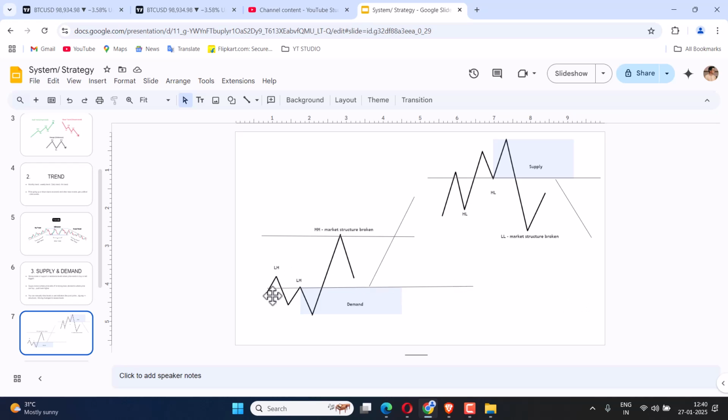See, basically the price creates lower high, lower high, and then it hits the lowest point, and then when the price breaks, let's say it broke all the lower highs and created a higher high, then here when it comes, it'll create a higher low. Okay, that's your entry.